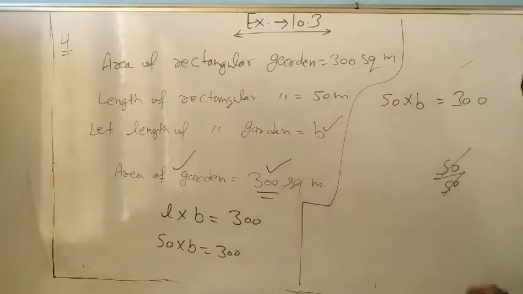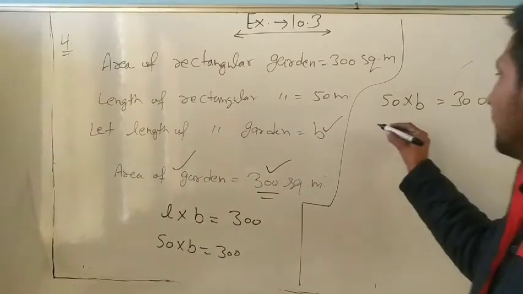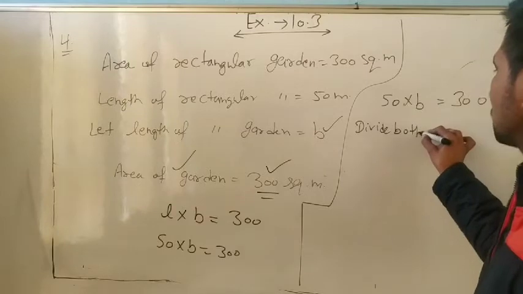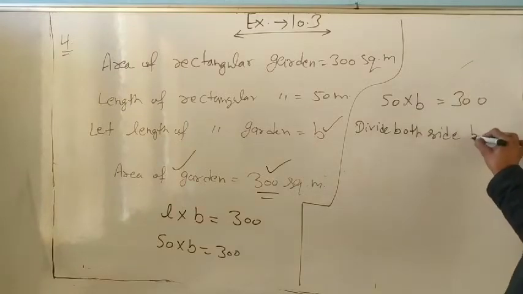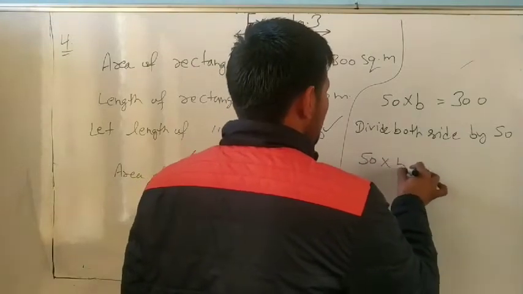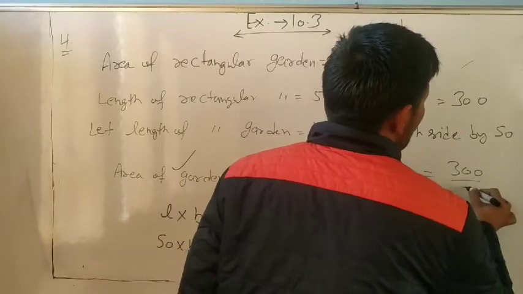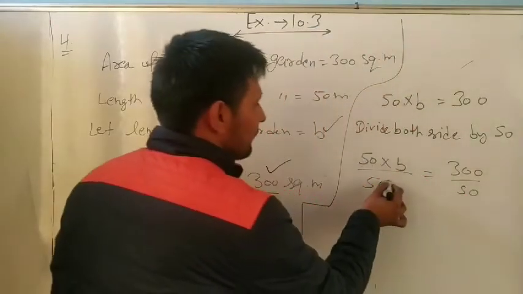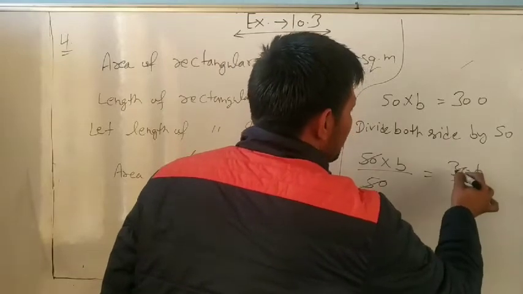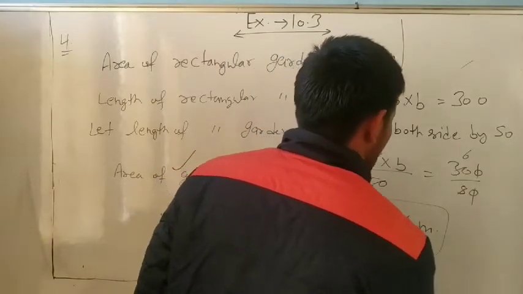We will divide both sides by 50. Both sides we divide by the same number. 50 cancels, B remains. 0 cancel 0. 5, 6. It is 6 meter.